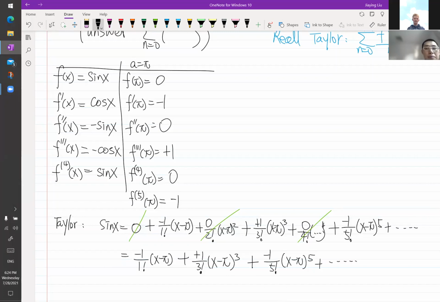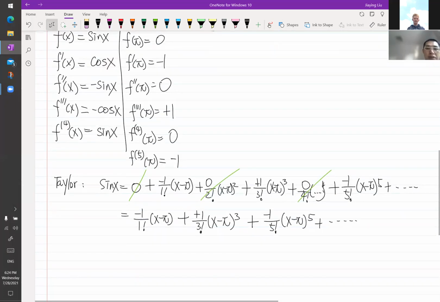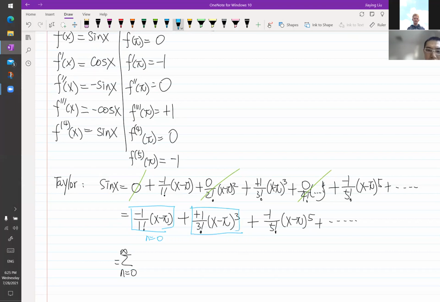Right? And then remember, the answer we want to give, the form at the end, should be in the form of the sum from n equals 0 to infinity, which means the first term here corresponds to n equals 0, the next term corresponds to n equals 1, the following non-zero term corresponds to n equals 2.